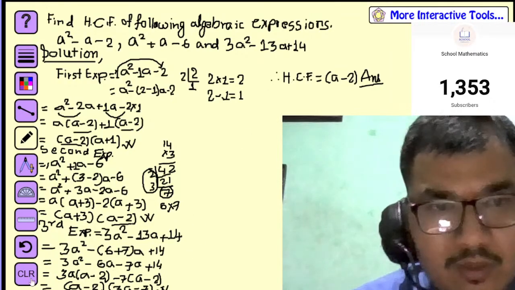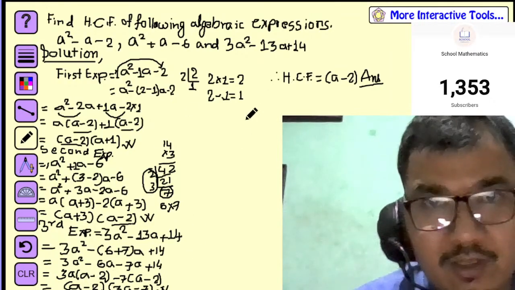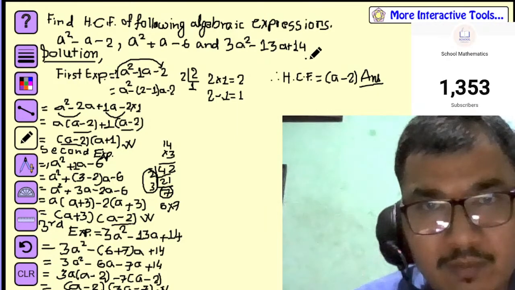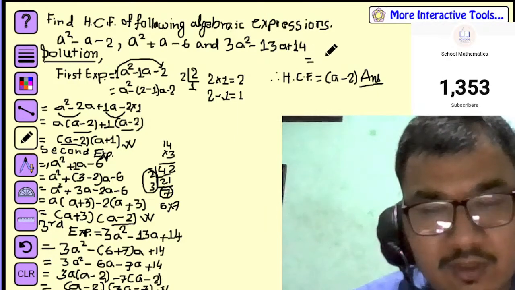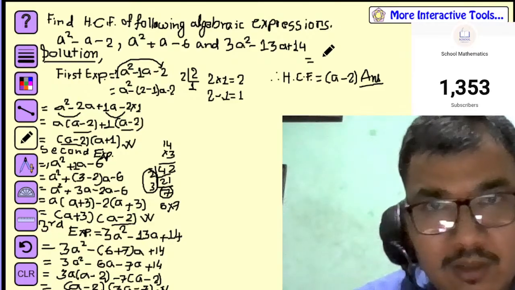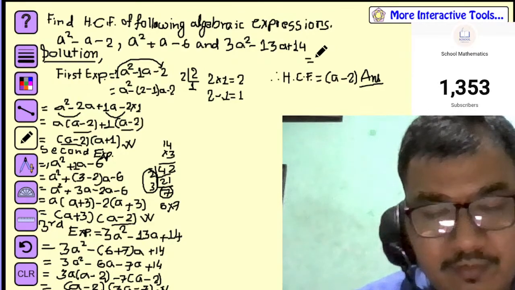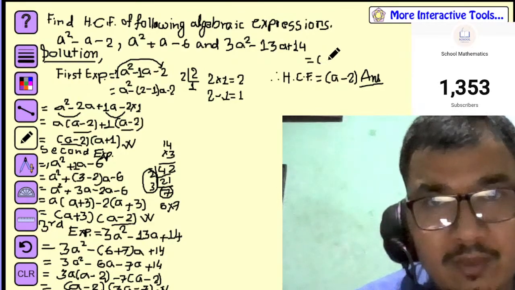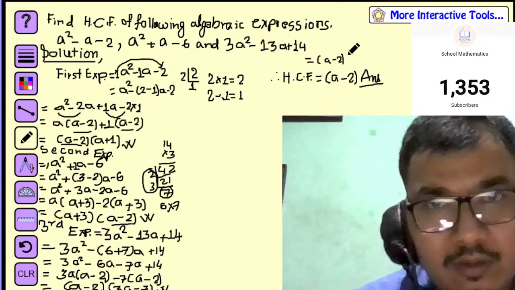Look here, when you take a minus 2 common here, this is for the third expression. There was a minus 2 common, and there was another factor remaining, 3a minus 7.